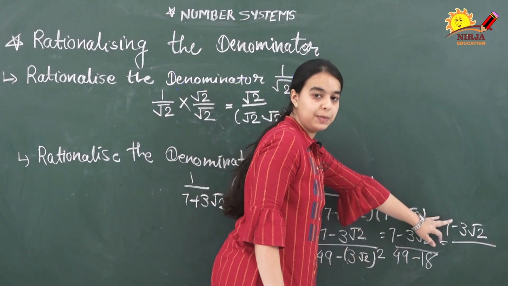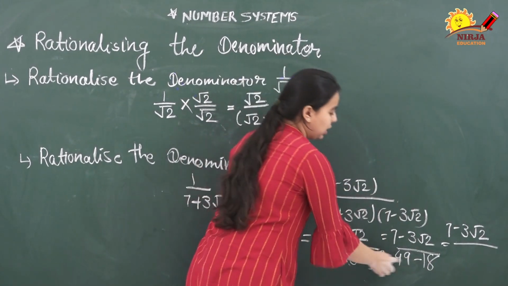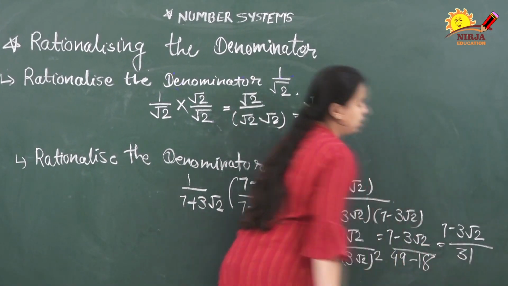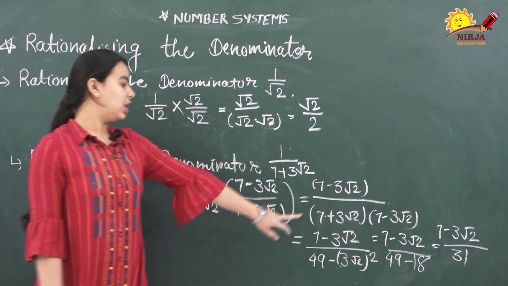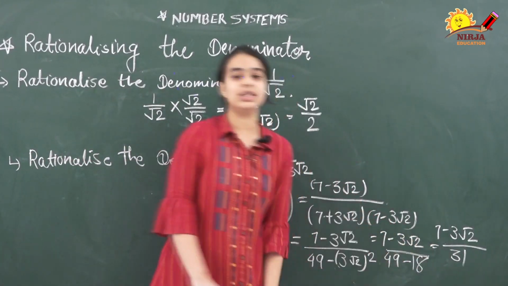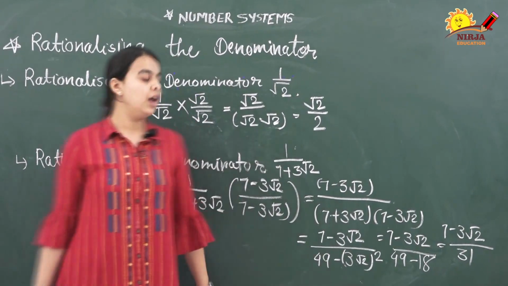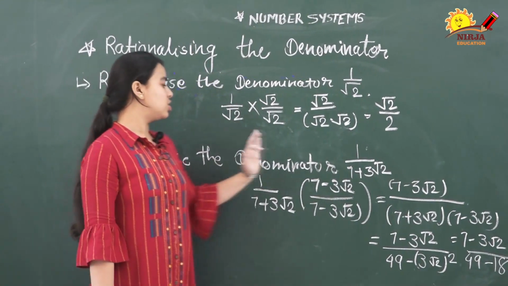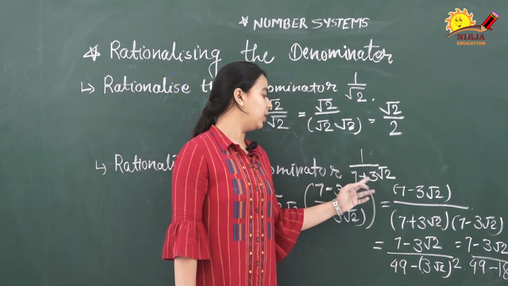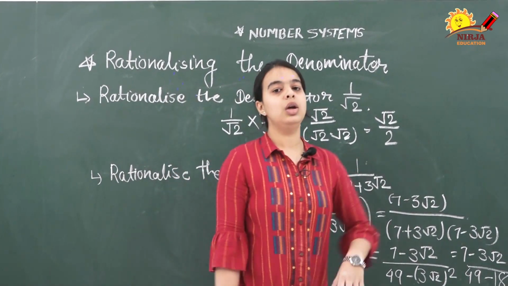If we simplify it further, 49 minus 18 is equal to 31. So, as you have seen, here also we have removed the radical sign from the denominator, hence we have done the rationalization of the denominator of 1 upon (7 + 3√2).